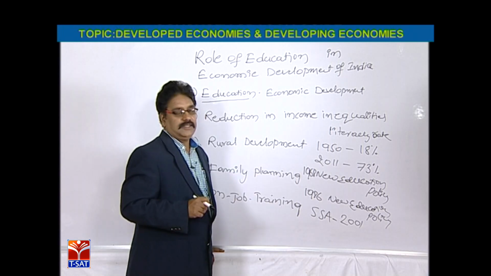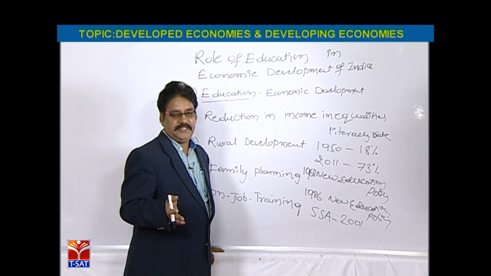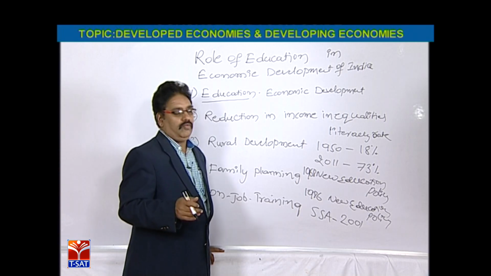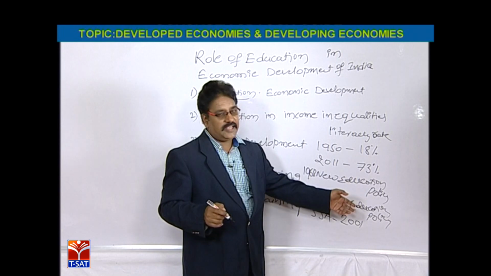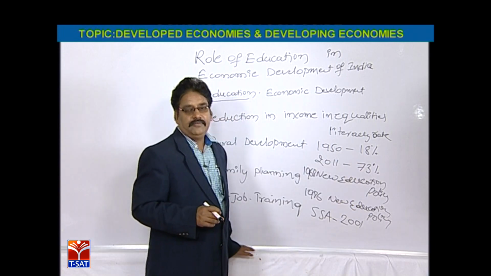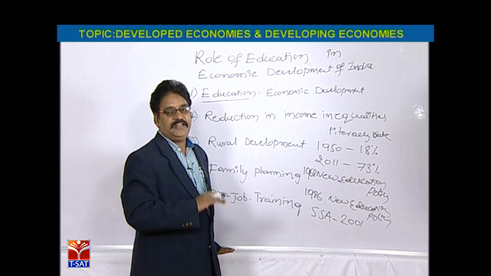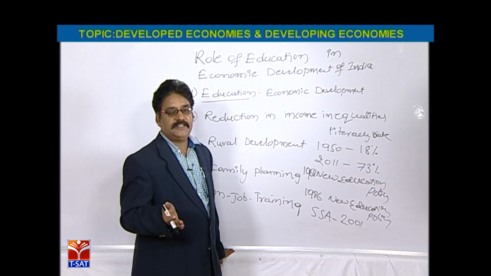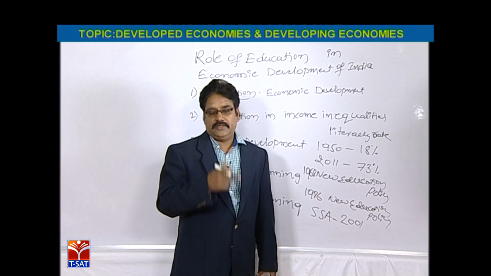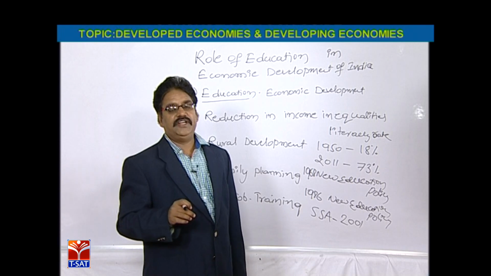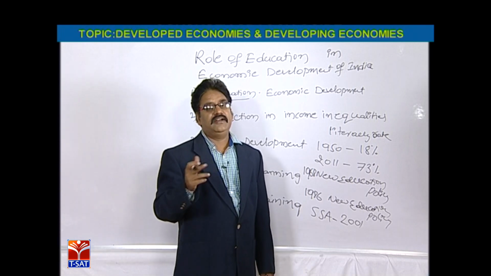These were some steps taken to improve education levels, and in that way we achieved some goals. We increased the literacy rate from 18% to 73%. This is the importance of education in Indian economic development.